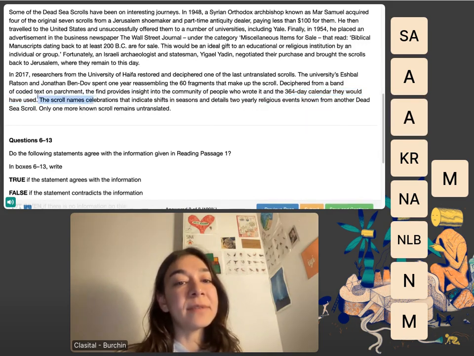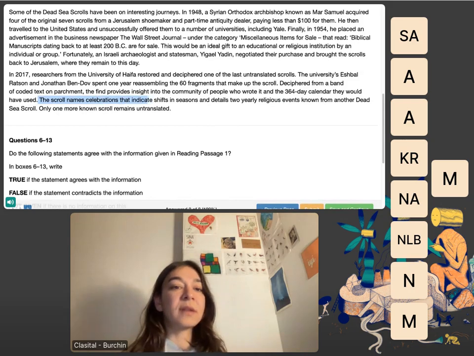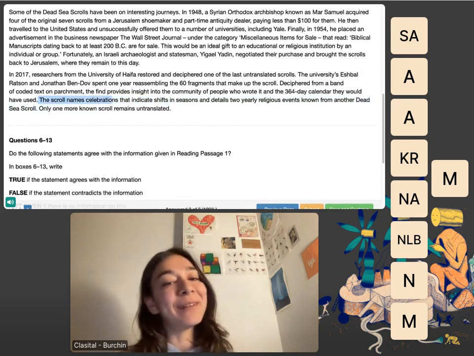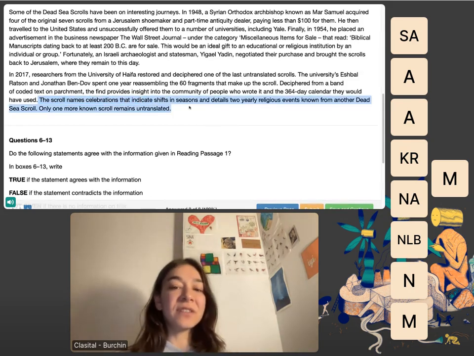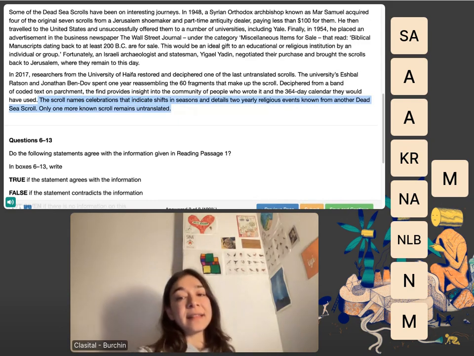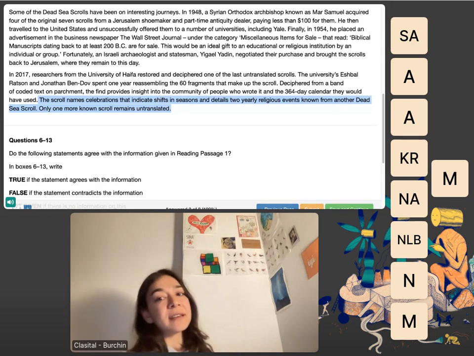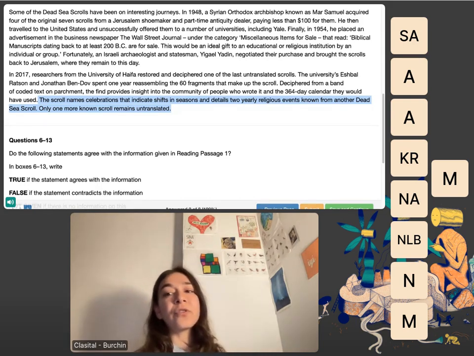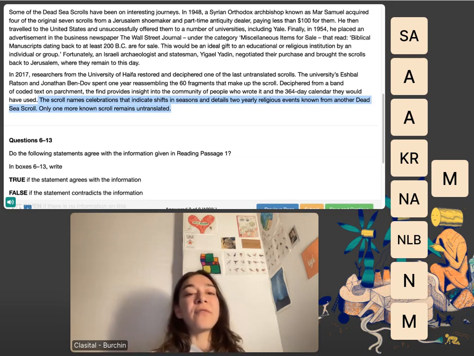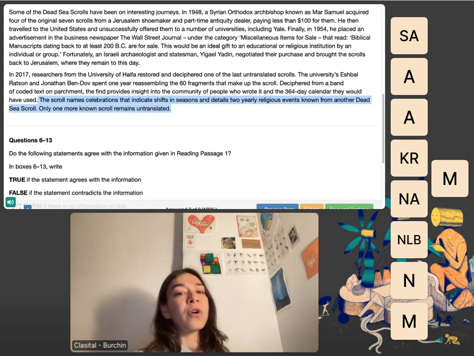The scroll names celebrations that indicate shifts in seasons and details of two-yearly religious events known from another Dead Sea Scroll. Only one more known scroll remains untranslated.